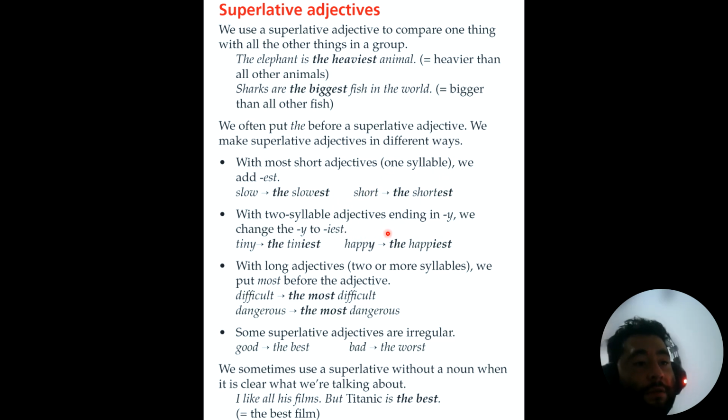When we have adjectives with a final y, we need to change y into i, and we include est. So teeny becomes the teeniest, happy becomes the happiest. In the case of two or more syllable adjectives, remember, we need to include the most at the beginning. The most difficult or the most dangerous.